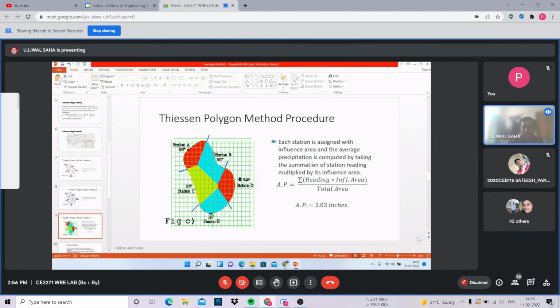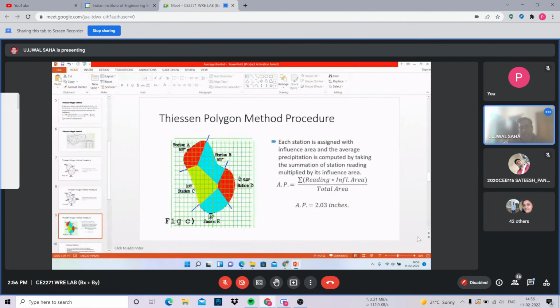Just beside this main catchment, this area is also one catchment, and this left side is also one catchment. If we see the bigger picture, each and every area is inside a catchment. In this case we are concerned about this catchment only, but station D is also inside another catchment.